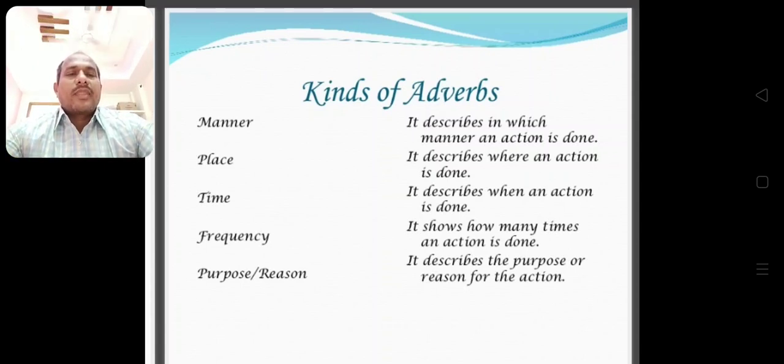Time describes when an action is done. Frequency shows how many times an action is done. Purpose or reason describes the purpose or reason for the action. These are the kinds of adverbs we are going to discuss one by one.